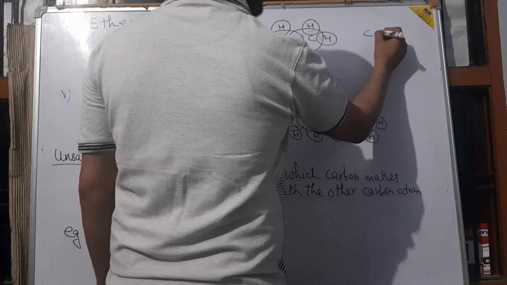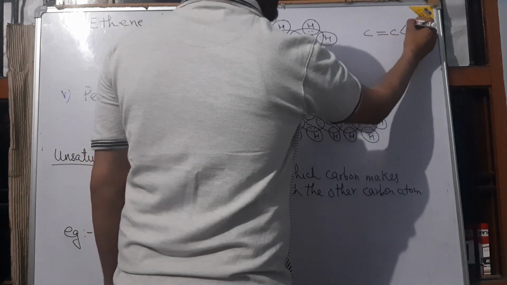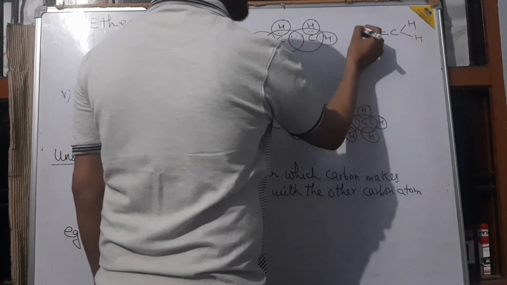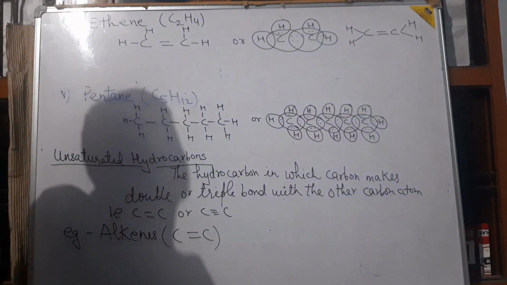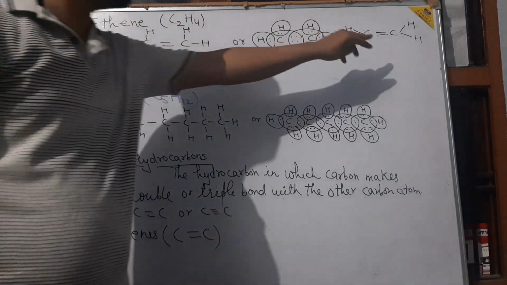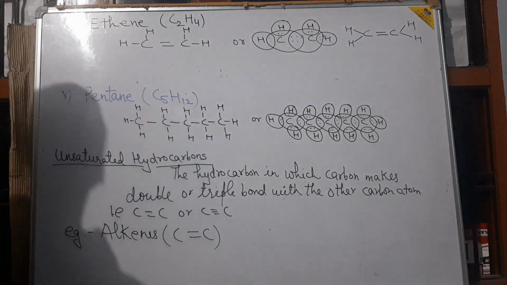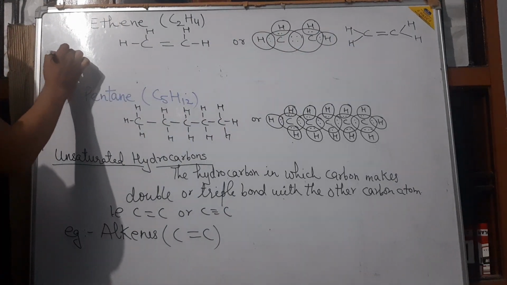In some books, we also have a structure like this. This is a molecular structure, this is also a molecular structure, and this is the electron dot structure of ethene.